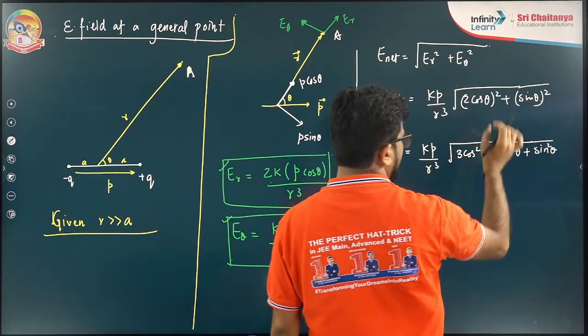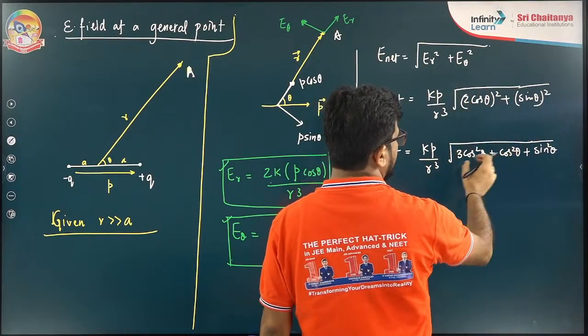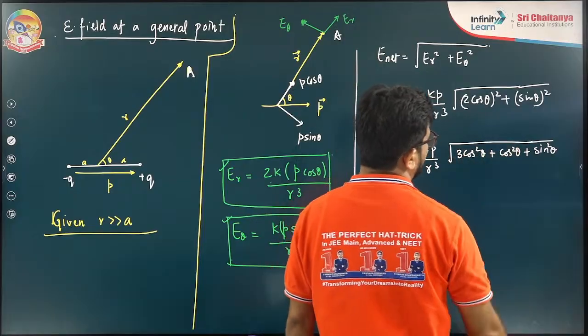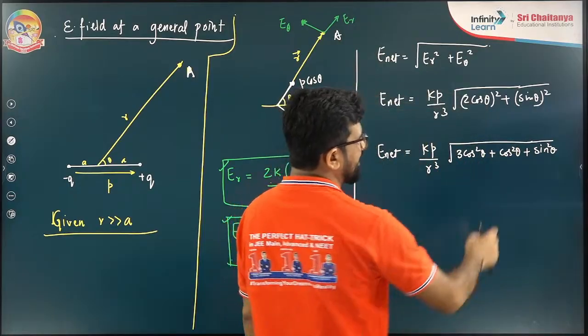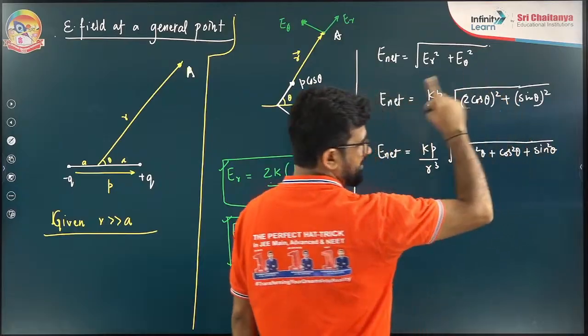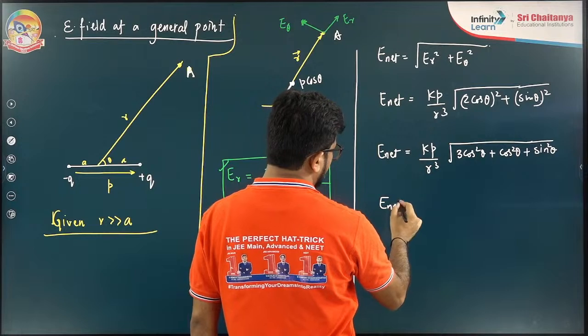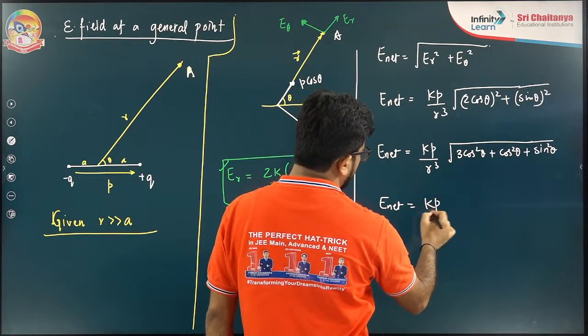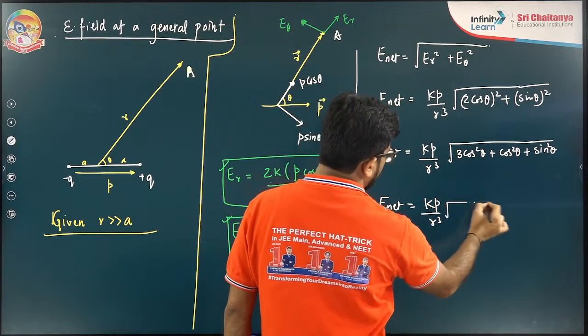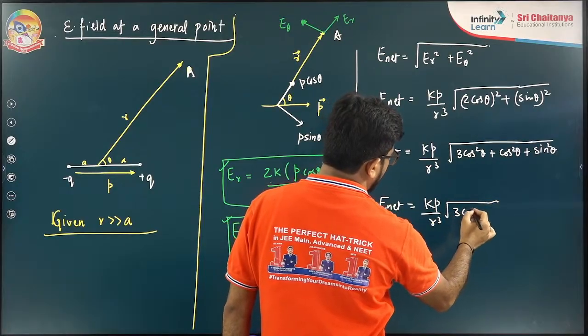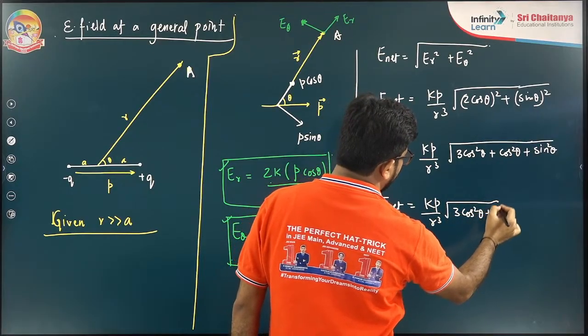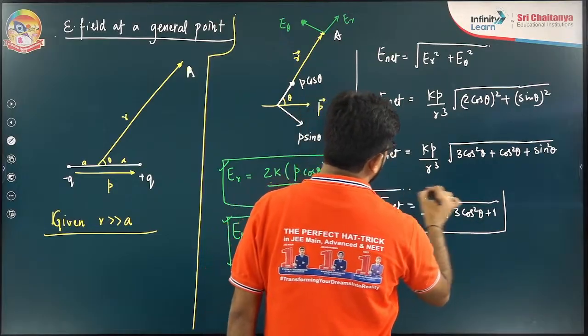I break 4 cos square theta into two parts, 3 cos square theta plus 1 cos square theta. Why am I breaking? Very simple: cos square theta plus sin square theta is equal to 1. So E net is equal to Kp by R cube under root of 3 cos square theta plus 1. That's the final result that we call E net.